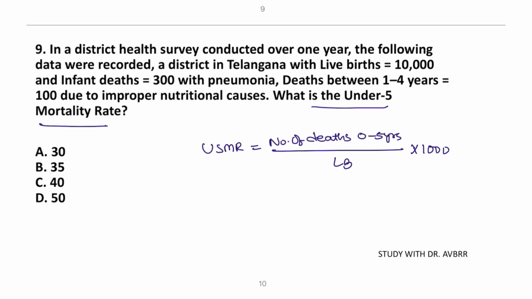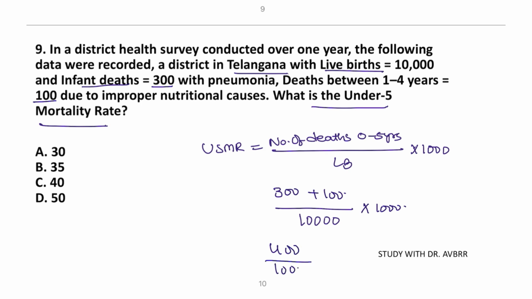So let's see, a Telangana district has 10,000 live births. Infant deaths were 300, plus 100 plus 100 cases, so total 400 cases we had, right? 400 cases into 1000. So 400 by 10,000 into 1000.